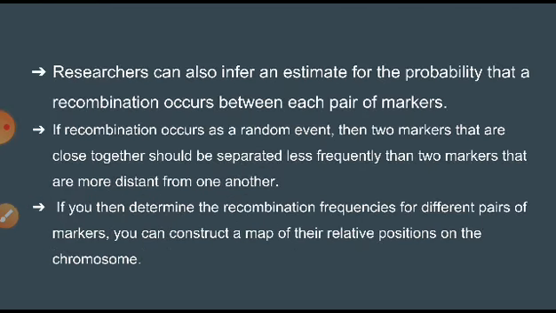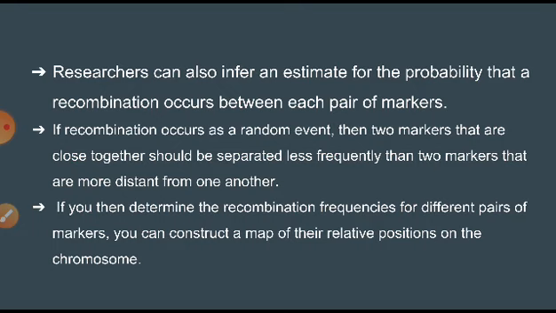Researchers can also infer and estimate the probability that a recombination occurs between each pair of markers. Like that, they can give a probability score, and by seeing the linkage analysis, they can predict the crossing over or the recombinant frequencies.